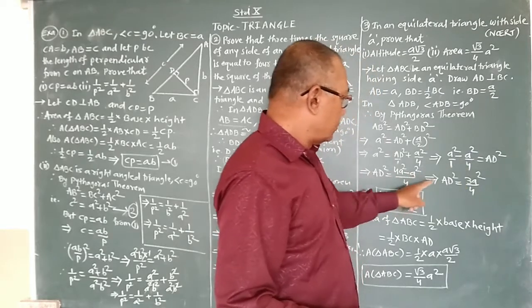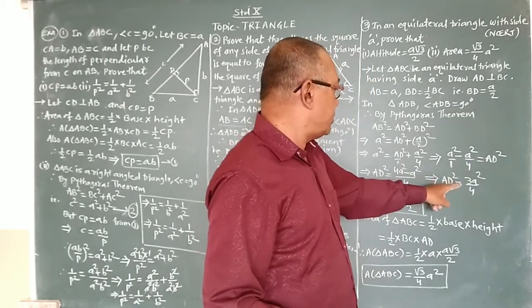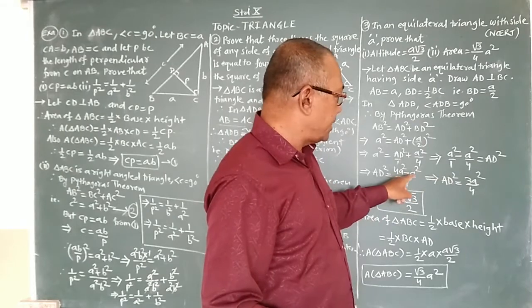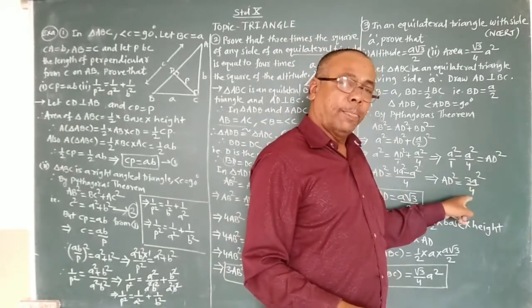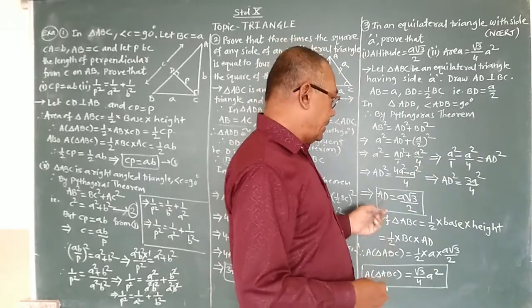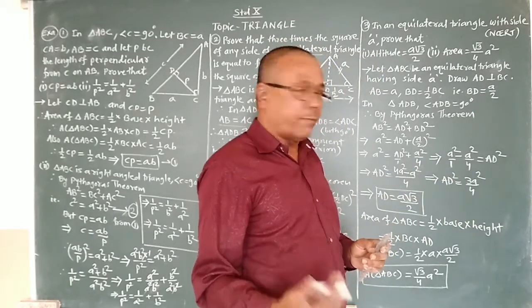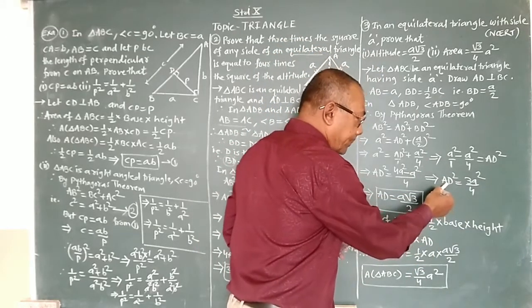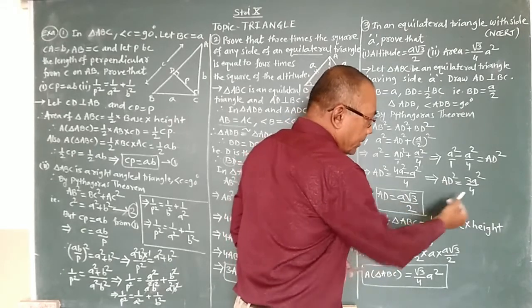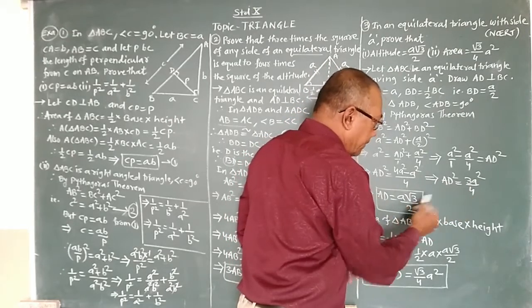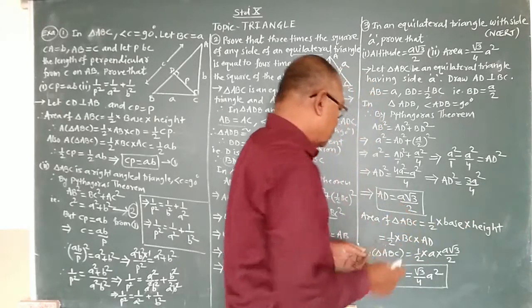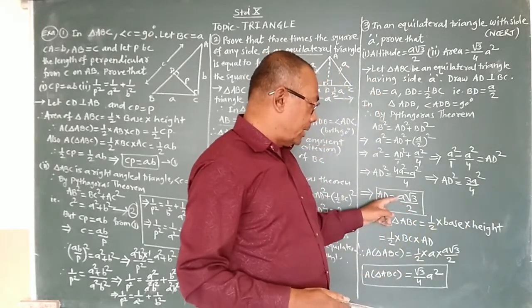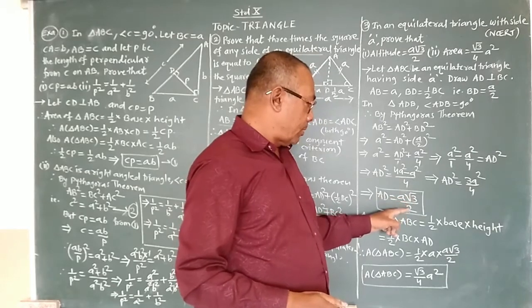So AD square is equal to 3A square upon 4. And therefore, taking square root on both sides, square root of AD square is AD, square root of 3 is root 3, square root of A square is A, and square root of 4 is 2. So AD is equal to A root 3 upon 2.